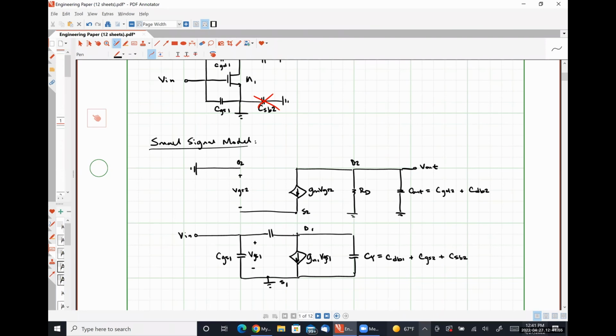Here's our capacitance CGD1, and then our source of 2 and our drain of 1 are tied together. So I believe that's what we're looking at, this mess of stuff.